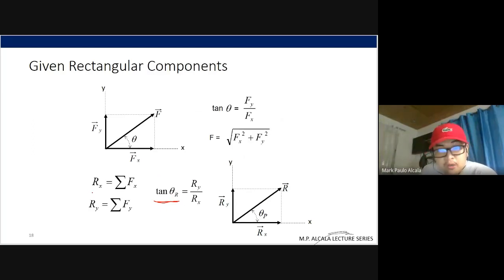You can also have the resultant of X when you sum all the components of X of all the forces along the x-axis, and all the forces along the y-axis will give you the resultant force for Y. And then using the Pythagorean theorem, you can simply get Fx squared plus Fy squared, the square root of it will give you the magnitude of F. Okay?